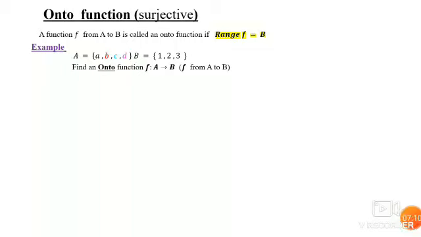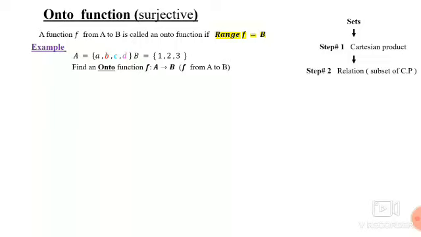And we have to find out an onto function from A to B. Now the steps we will follow will be, sets are given to us. The first step, find Cartesian product. Second step, find out a relation.